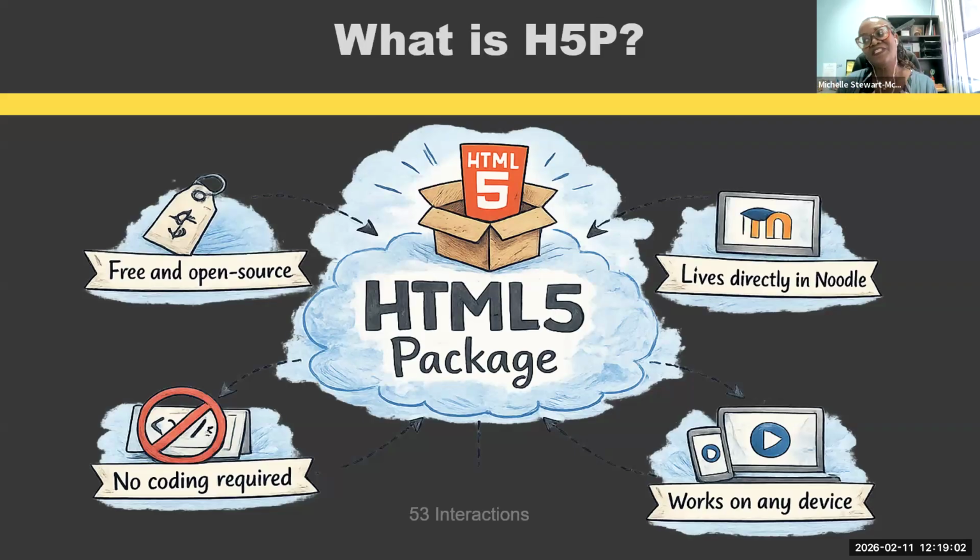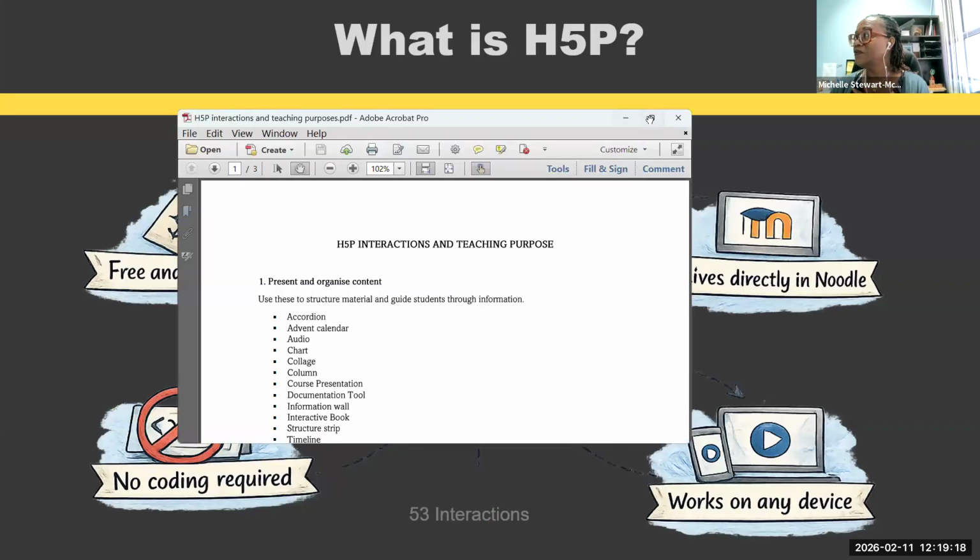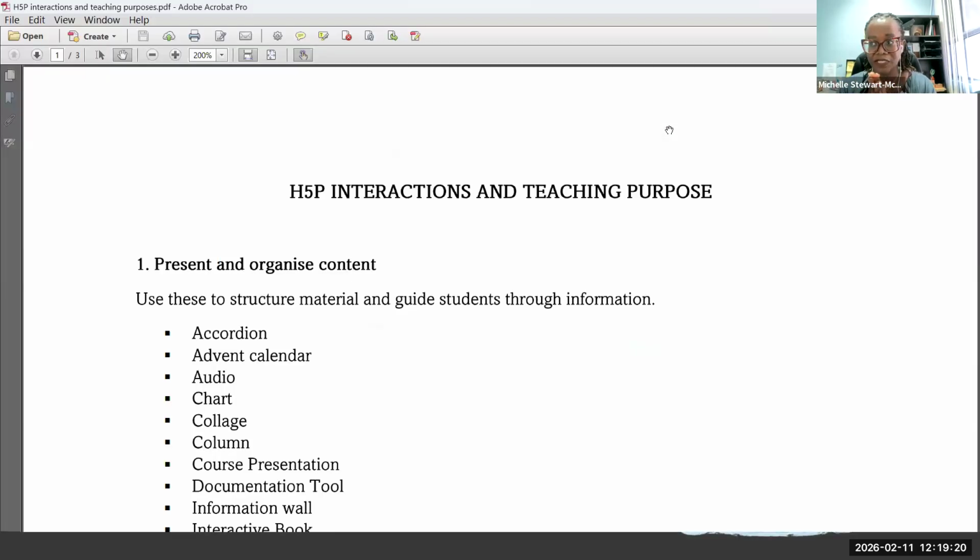It has 53 in our VLE. There are more than that, but in our VLE, when we go in, we'll see there are 53 interactions that we can use for different things.